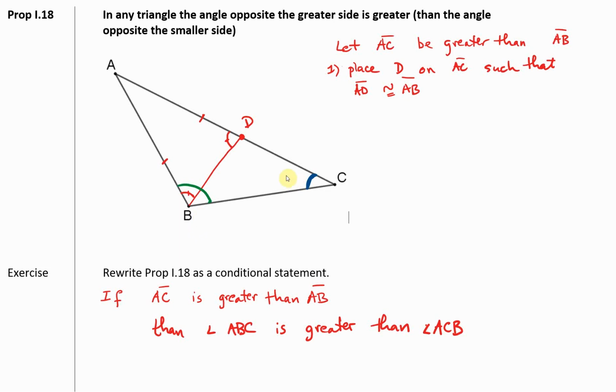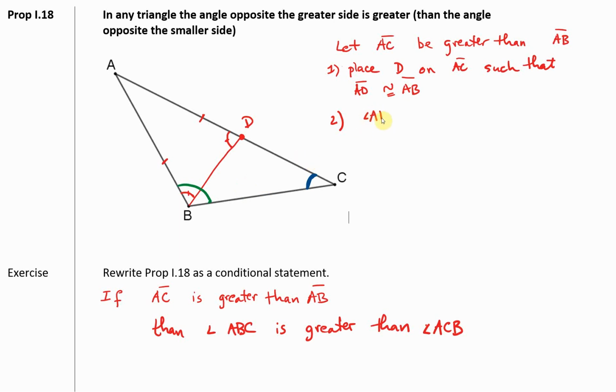Okay, so I'm going to make a claim to you. I'm going to say that this red angle right here is larger than this blue angle right here. And the reason I can justify that is that the red angle is the exterior angle of this triangle BDC. Okay? So I'll write this up.